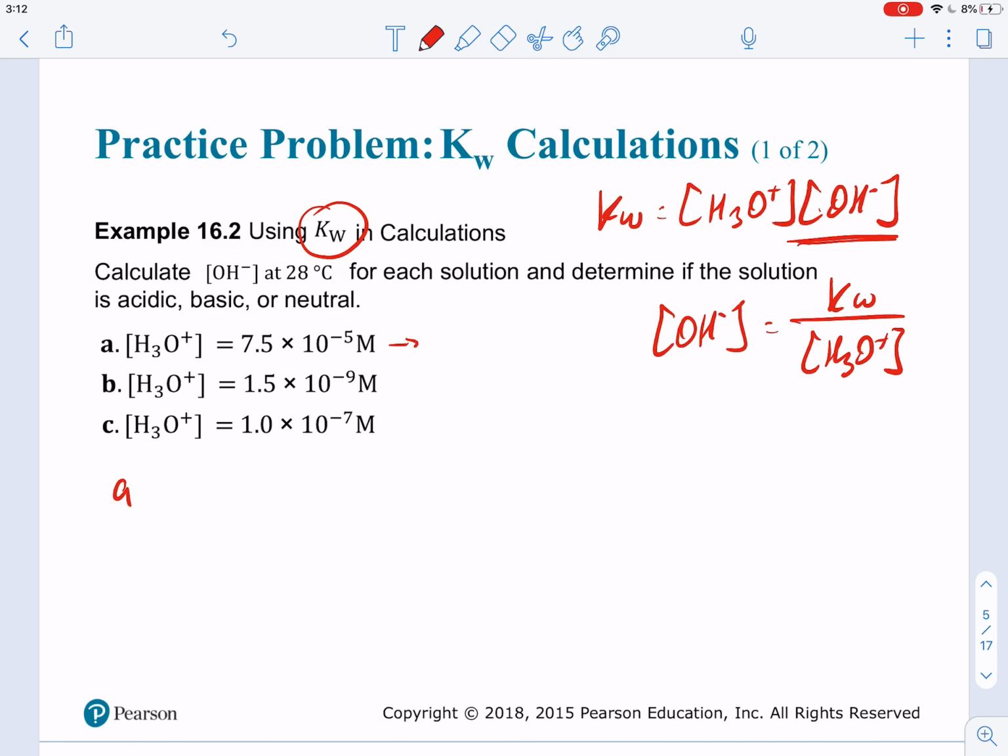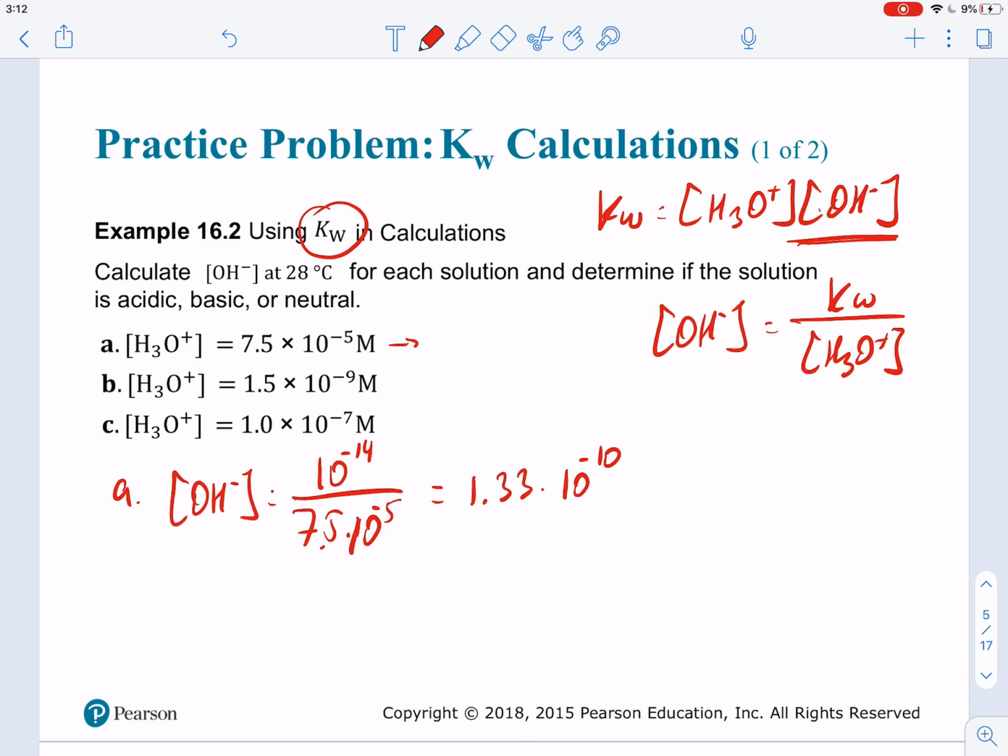So for A, the concentration of OH minus is going to be equal to 10 to the negative 14, because that's Kw, divided by 7.5 times 10 to the negative 5. And this is equal to 1.33 times 10 to the negative 10. That is the concentration of OH minus in the first case.